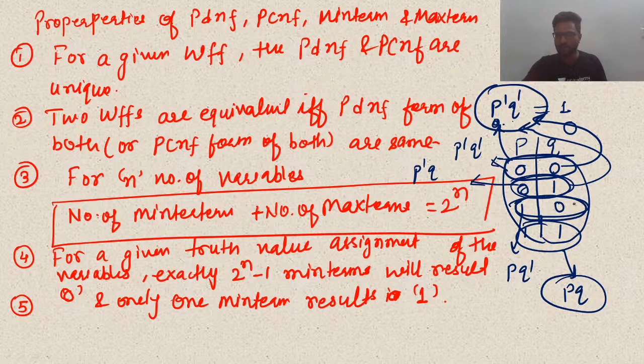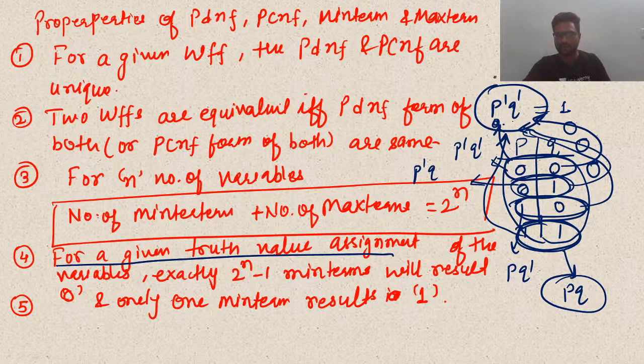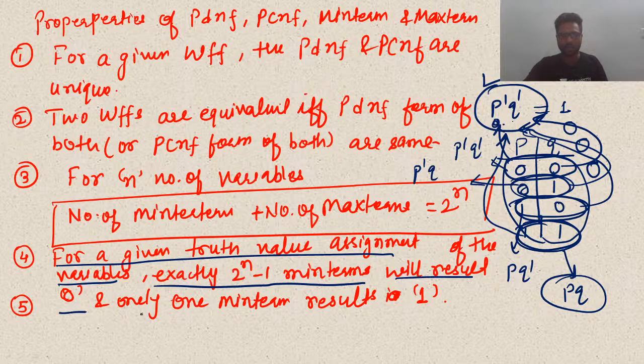The third row, again 0. The fourth row, again 0. So for a given truth value assignment of the variables, exactly 2 raised to power n minus 1 min terms will result in 0, and only one min term will result in 1. Is that clear to everyone or not?